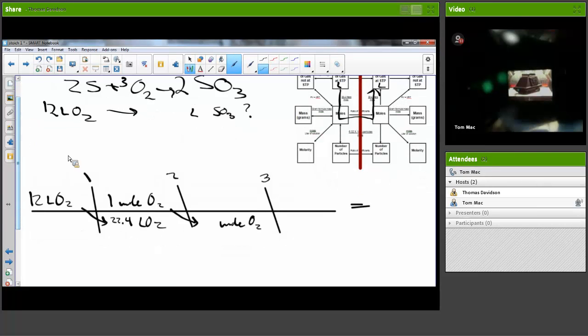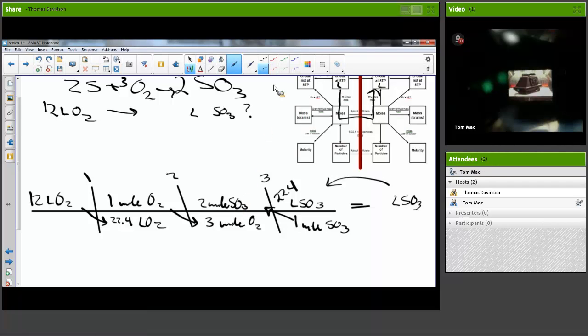A 3. I got that from my balanced chemical reaction. Then I'm going to go to the end. It wants me to solve for liters SO3, which means what? So that's going to be 22.4 again. Anytime I write liters, it's per what? 1 mole SO3, and if mole SO3 is here, it has to be up there, and it's a 2.